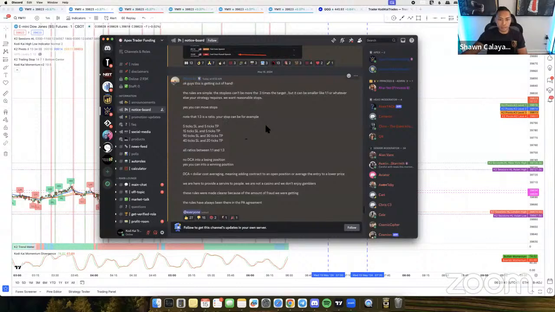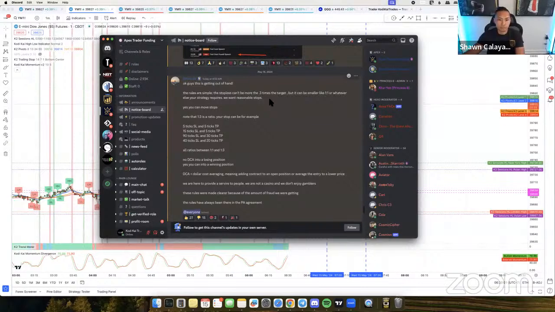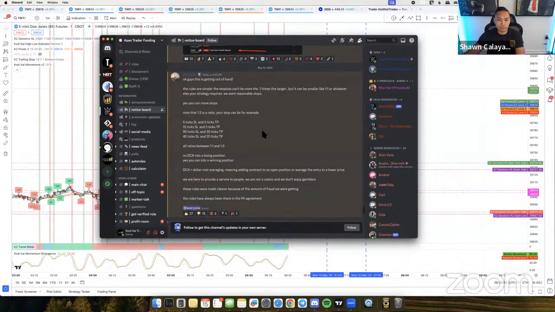They'll probably send an email out. But basically, it looks like they just want reasonable stops. So you can't basically not have a stop loss. That's basically what they're mentioning. So they don't want people to have basically no stop loss. 1 to 3 is the highest they'll allow for, which is fine. It doesn't apply to us.